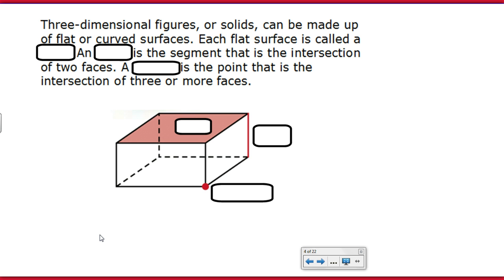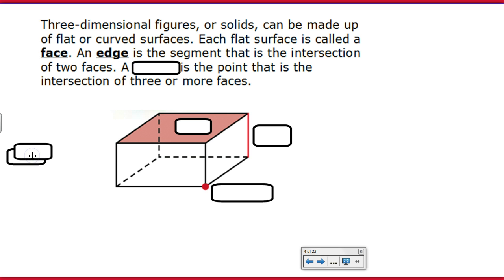Let's slowly think about this figure. Three-dimensional figures, or solids, can be made of flat or curved surfaces. Each flat surface is called a face, right? What is the segment that is the intersection of two faces? So where two faces meet along here is the edge.